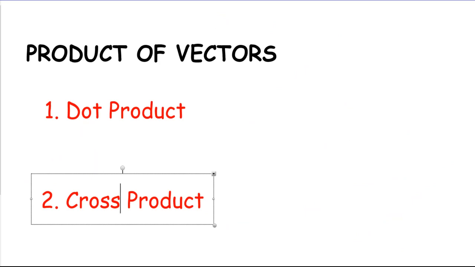The other important concept is the product of vectors. We have dot product and cross product.